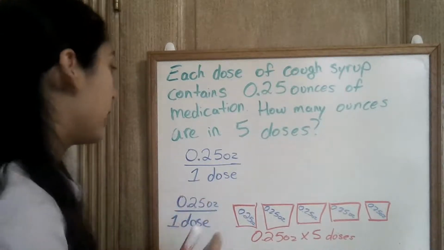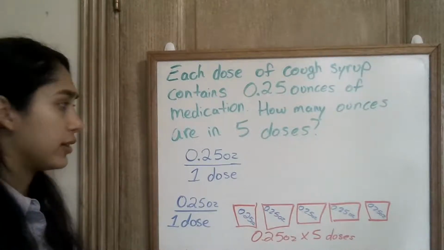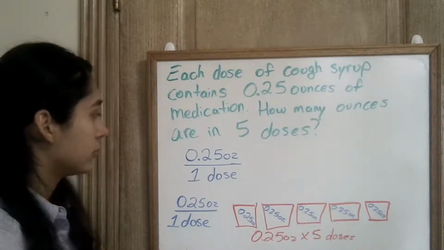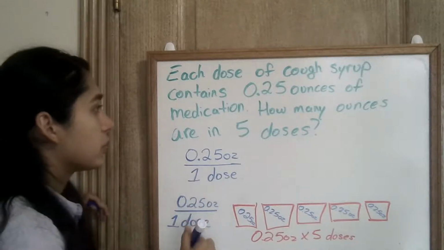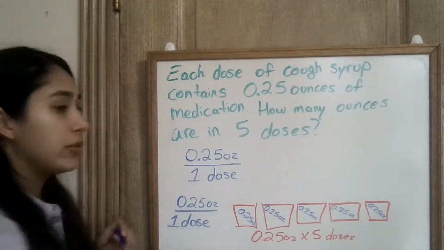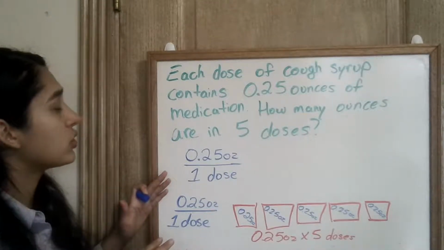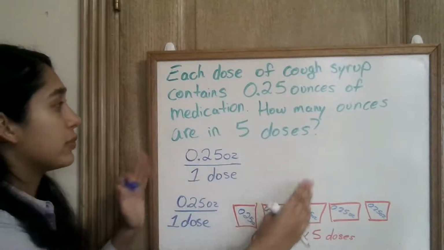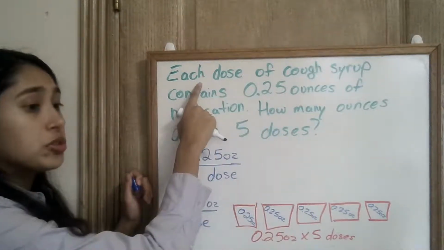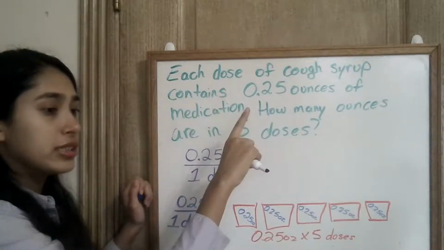Here we want to get to 5 doses. How do we do that? We want to multiply this by 5 doses. And the reason we know we're going to multiply instead of divide is because we're going from a set number and trying to increase it, because we went from each dose, which means just 1 dose, and we're going to 5. We're increasing.